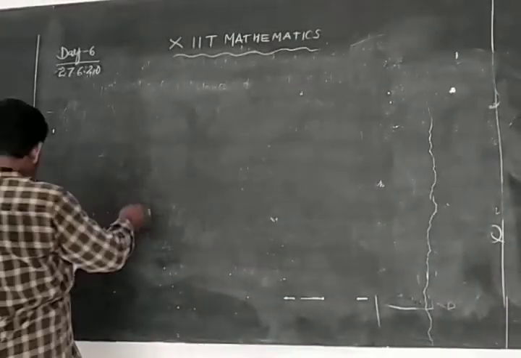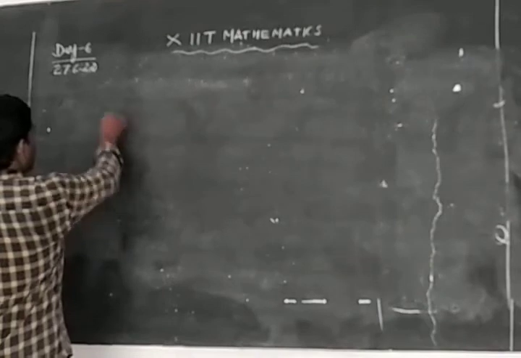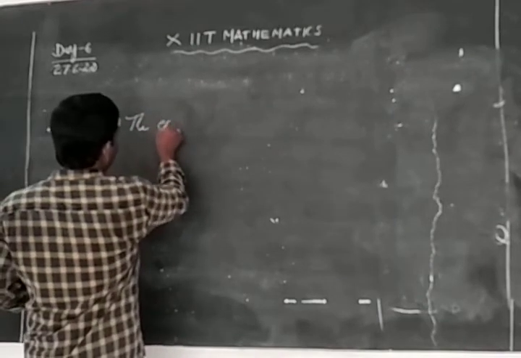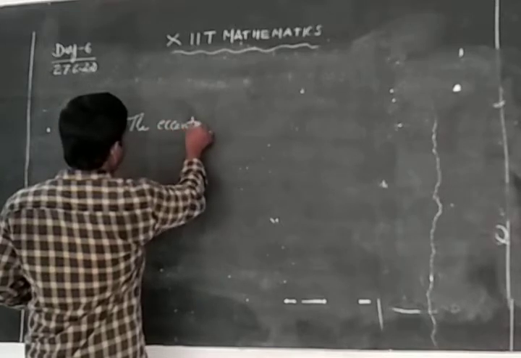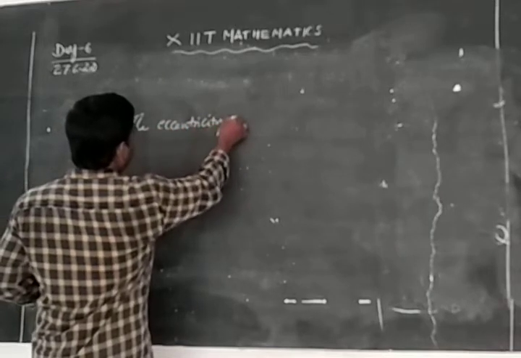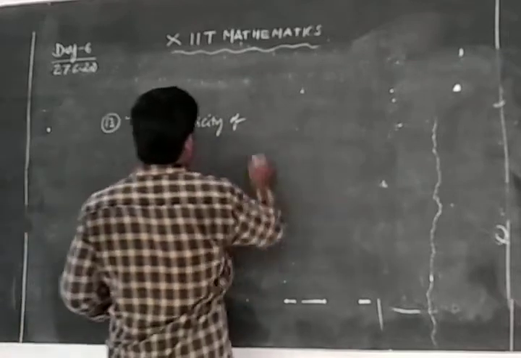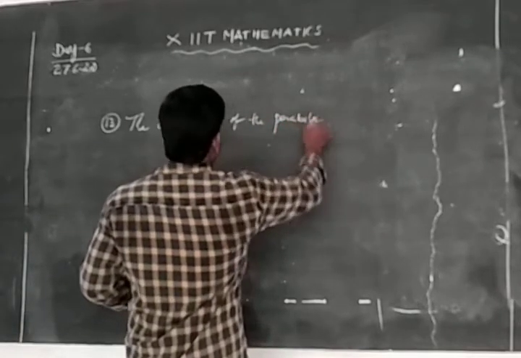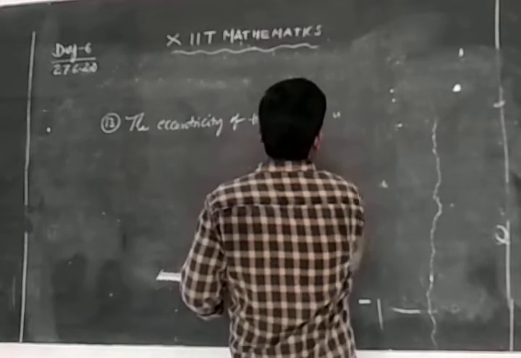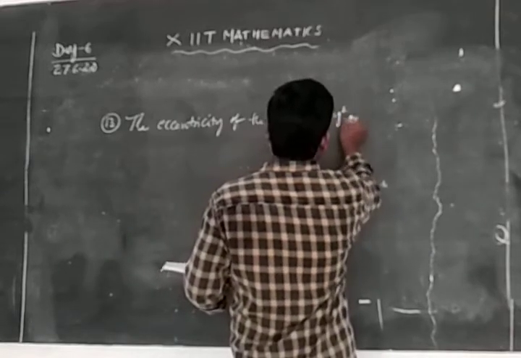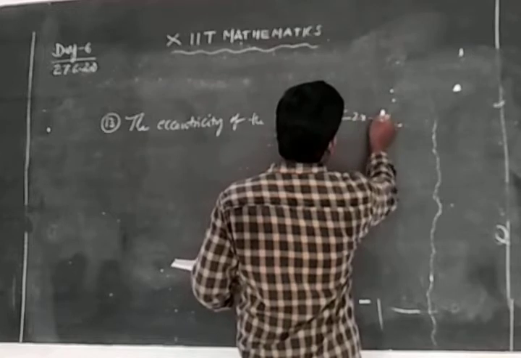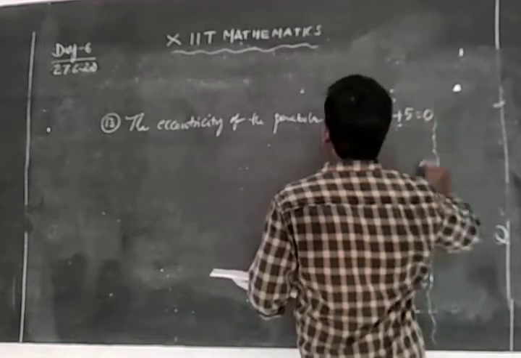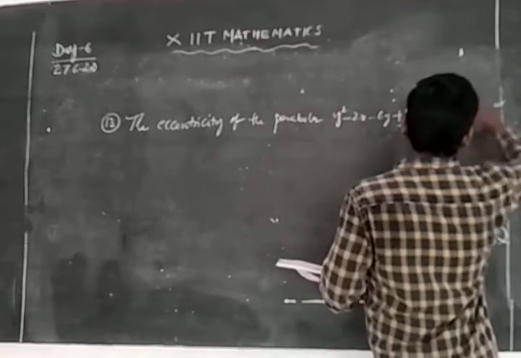13th problem. The eccentricity of the parabola y square minus 2x minus 6y plus 5 equal to 0 is 1.